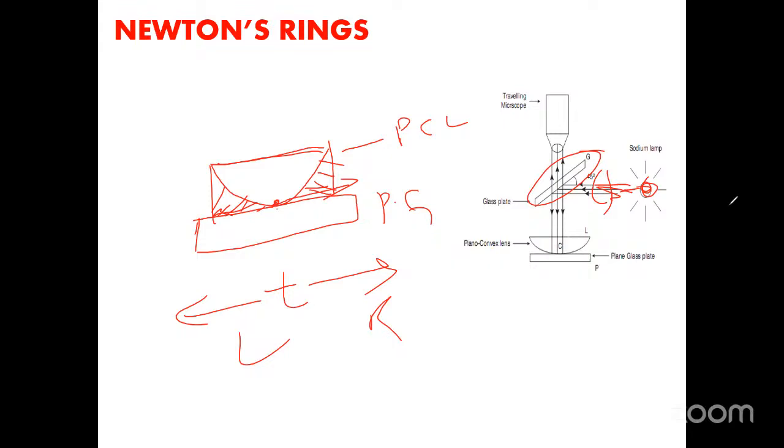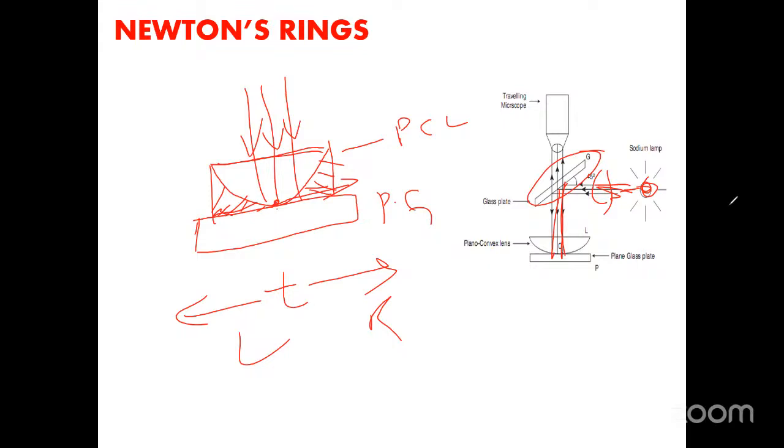Due to the nature of the smooth glass plate, the light rays are reflected downwards. In the downward direction we are keeping a plano convex lens, which is placed on the plain glass plate, so that all the reflected light rays move in this direction.